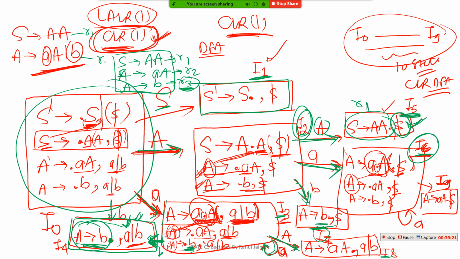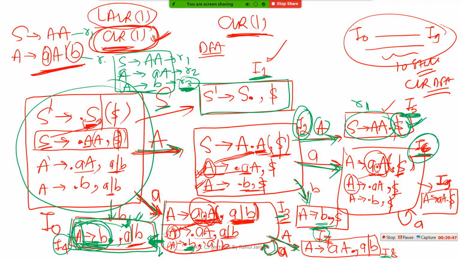So may I ask, why am I reducing on the A part of I4? Guys, on I4, if you will see, I am reducing the transition A derives B. A derives B is R3, and R3 is reducing on the look aheads of this A. So what are the look aheads of this A?